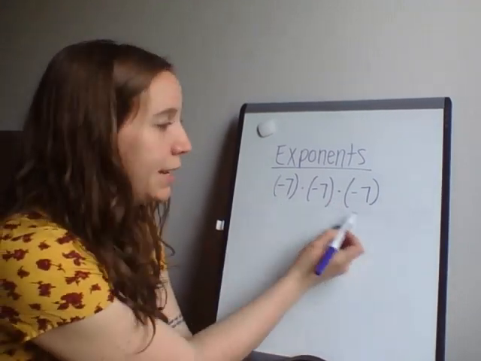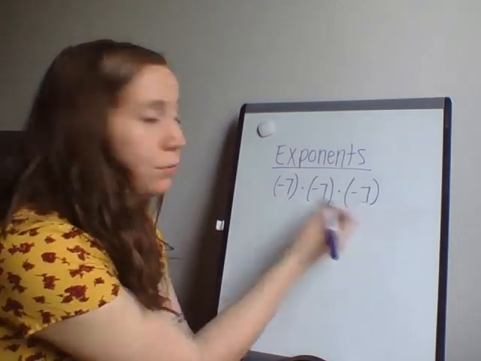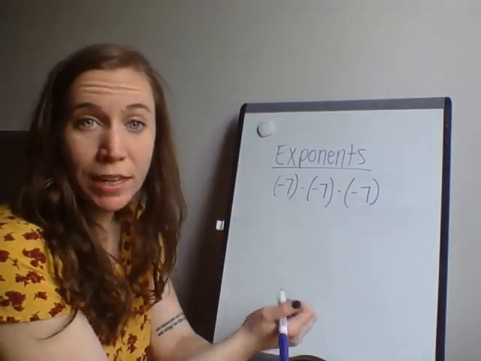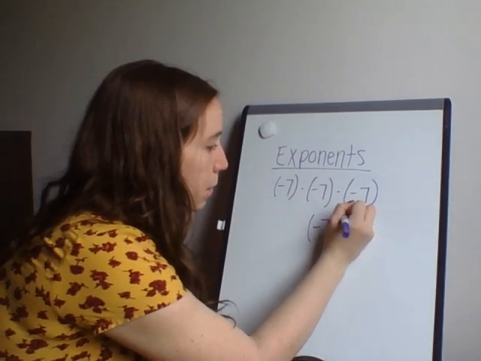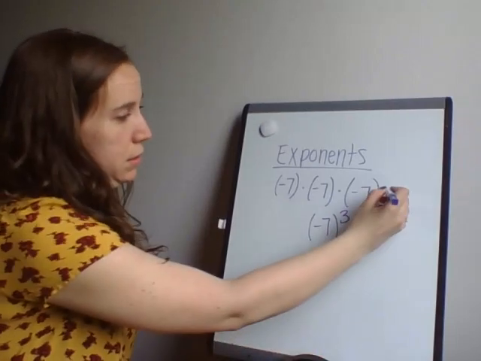In this case, we're multiplying -7 times itself 1, 2, 3 times. That means our exponent is going to be 3. So we're going to do -7 to the power of 3.